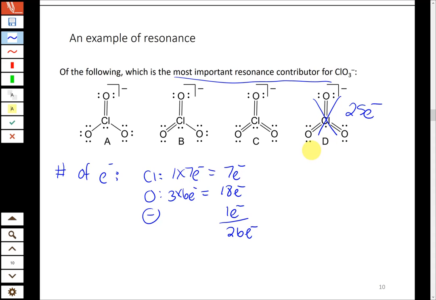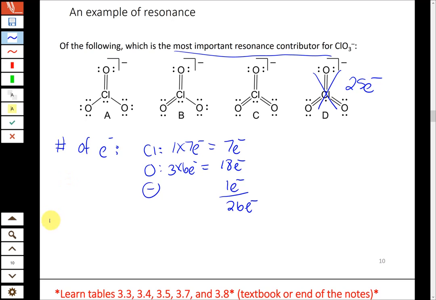Now the rest of these all have the correct number of electrons. They all have 26. So to decide which is the most important, we first need to look at the octet rule and make sure that none of them have fewer than 8 electrons on the central atom. If we look at A, B, and C, all of them have at least 8 electrons on the central atom. Choice A has exactly 8: 2, 4, 6, 8.